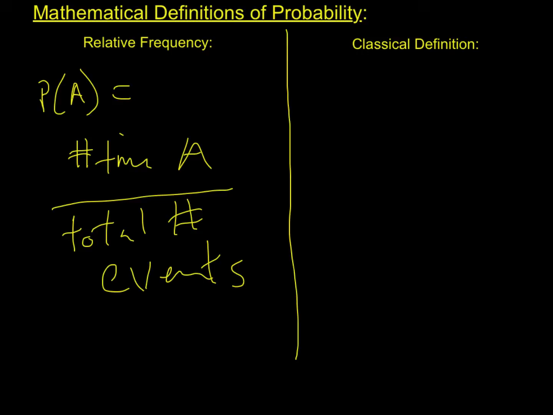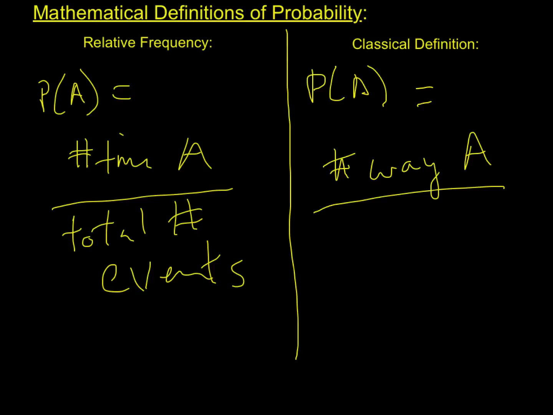We also have the classical definition of probability, which is something you may be more familiar with, where P of A, that is the probability of event A, is equal to the number of ways A can occur over the total number of possible outcomes.